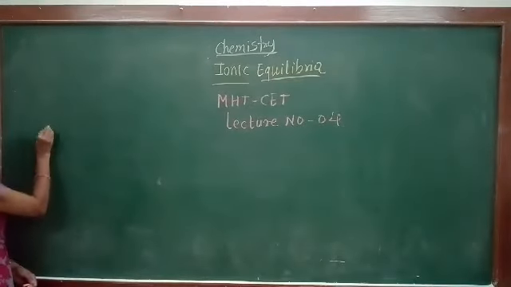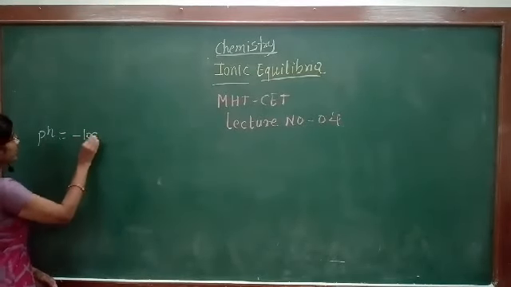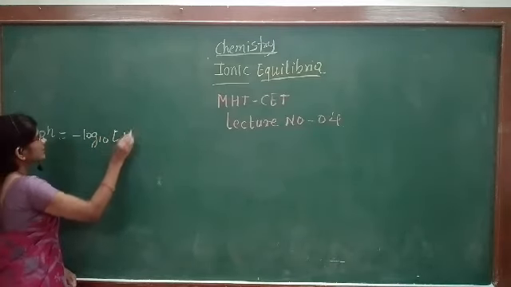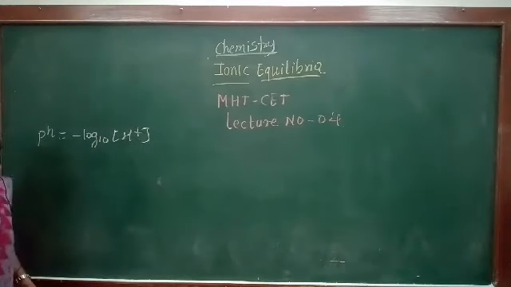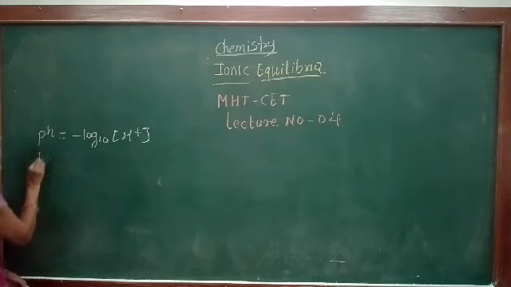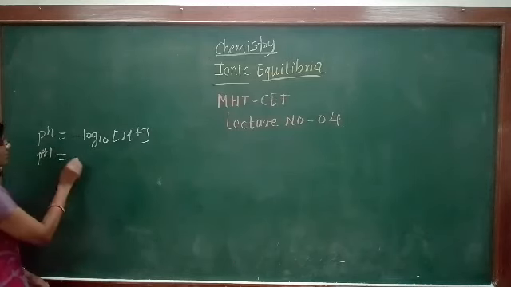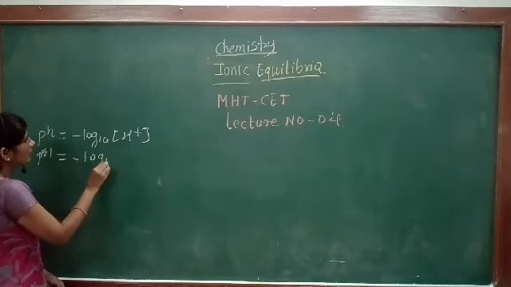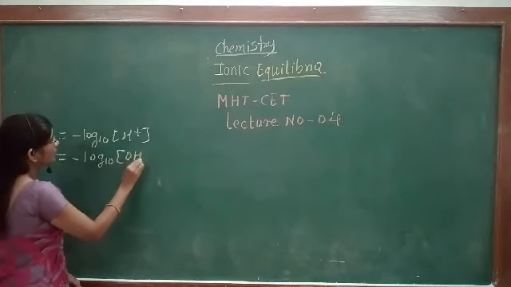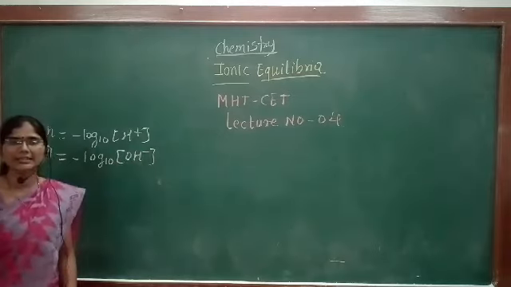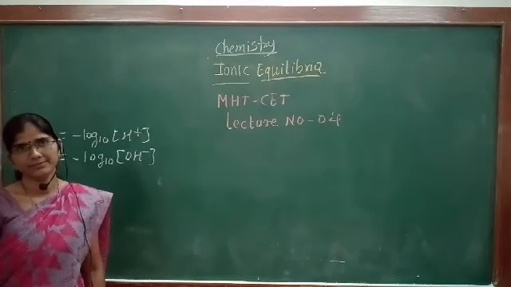pH is equal to negative log to the base 10 of the H plus ion concentration. What is the definition of pOH? pOH is equal to negative log to the base 10 of the OH minus ion concentration.